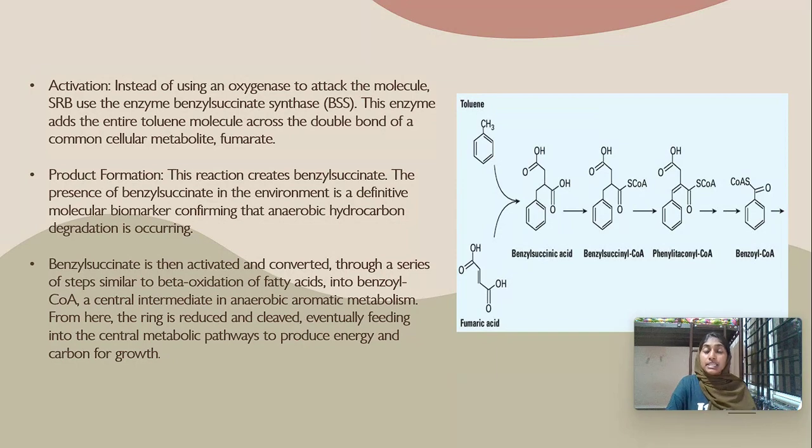In the degradation of toluene, it is added across the double bond of fumaric acid, thus forming benzylsuccinic acid with the help of the enzyme benzylsuccinate synthase. This benzylsuccinic acid further undergoes a series of oxidations similar to beta oxidation of fatty acids to form benzoyl-CoA. This benzoyl-CoA is a central intermediate in anaerobic aromatic metabolism, and the ring is further reduced and cleaved and eventually fed into the central metabolic pathways to produce energy and carbon for growth.